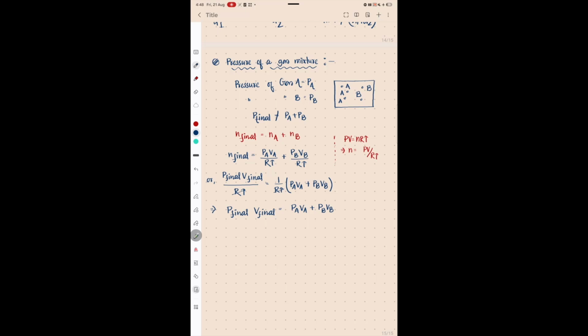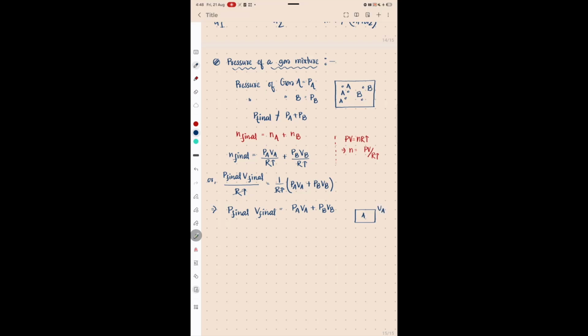Now let's say that when gas A was pure gas A, it had a volume of VA when they were not mixed. Similarly, when gas B was in pure state, it had a volume of VB. And when they are mixed, they get a volume, let's say V final.